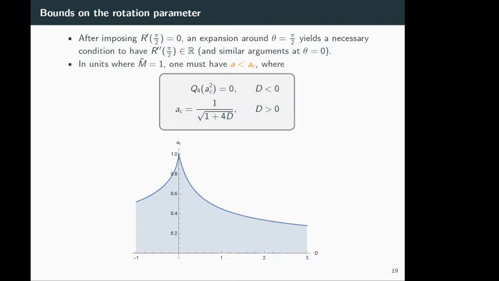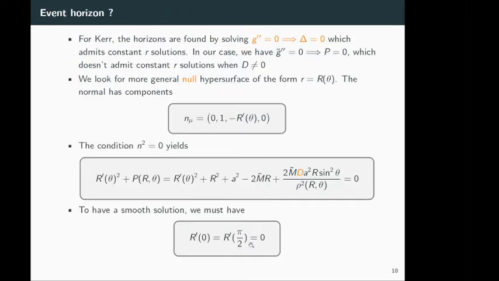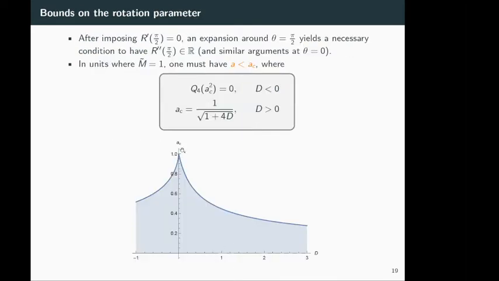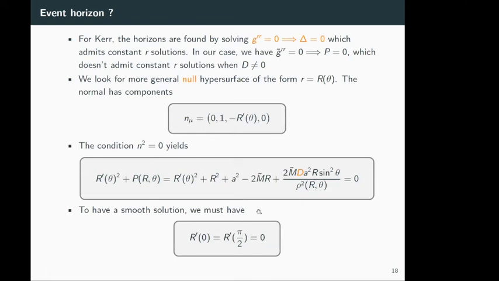Using these, if you want to have a smooth solution, you have to have an upper bound on the rotation parameter. So you can't have a smooth solution all the time. For a given disformal parameter, you can only have some maximum rotation. And since we can't solve it analytically, we solved the profile numerically.